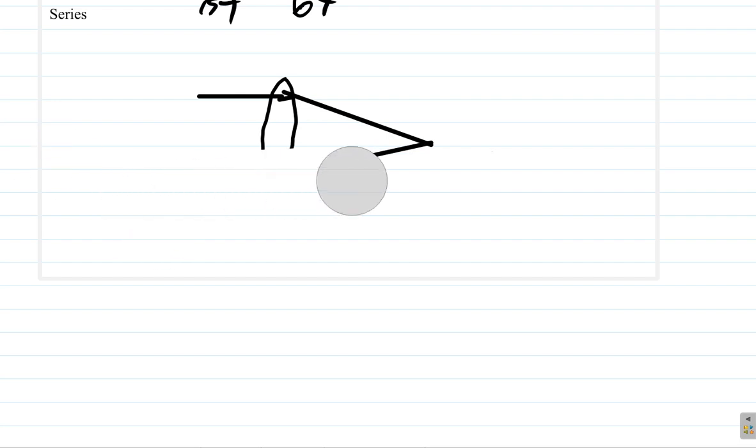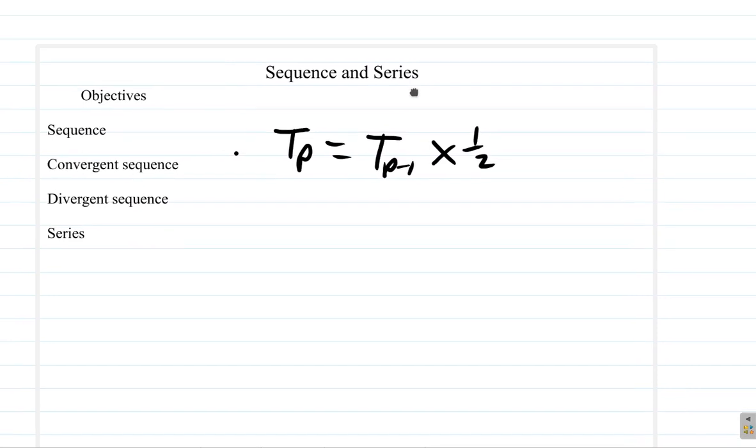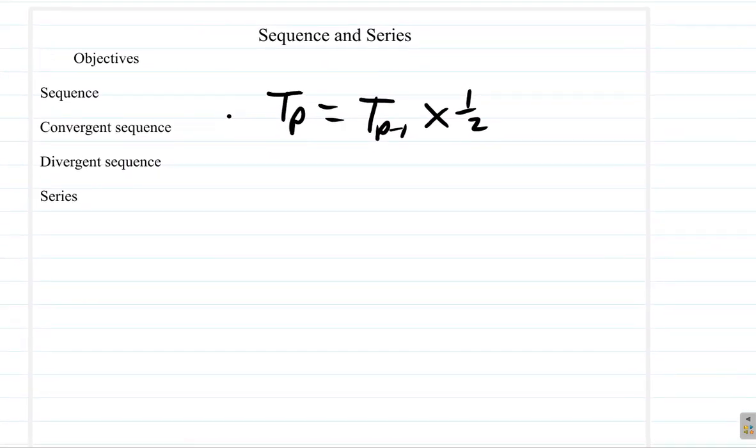So that's a converging lens. Converge means you cram down everything. Everything goes towards a point. Alright? Now, let's look at another convergent sequence.